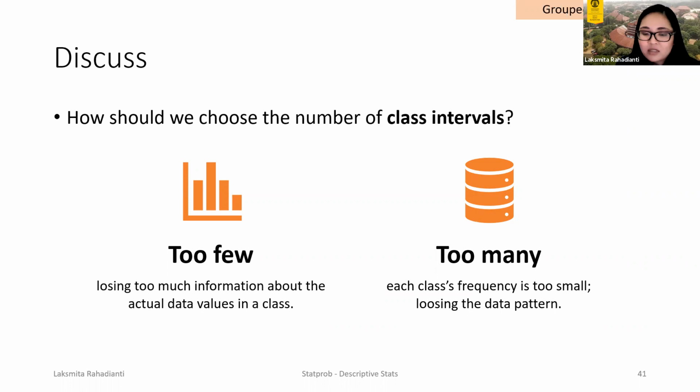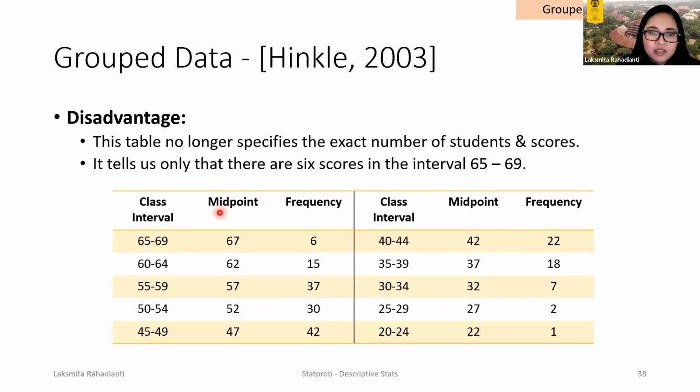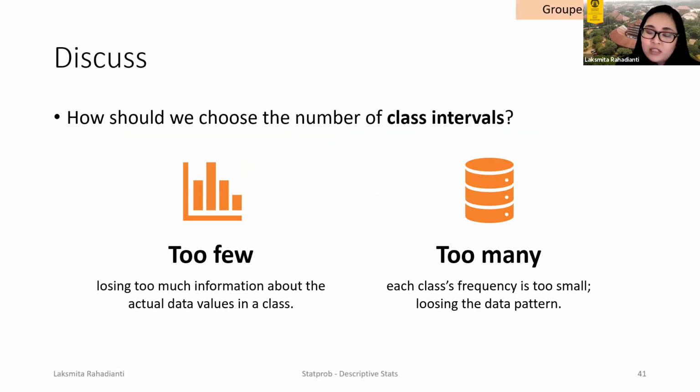For example, if I had an interval of 20 to 50 and then 50 to 100, I would lose so much data because I wouldn't know how many are between a more specific interval of numbers. So too few intervals is not a good option.